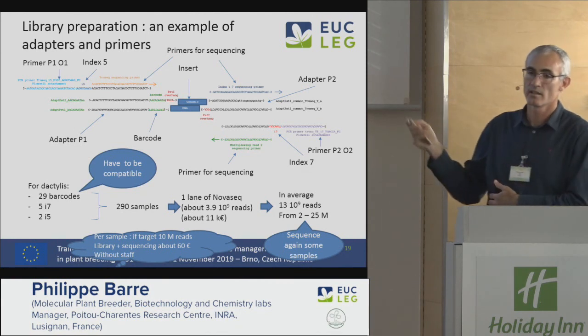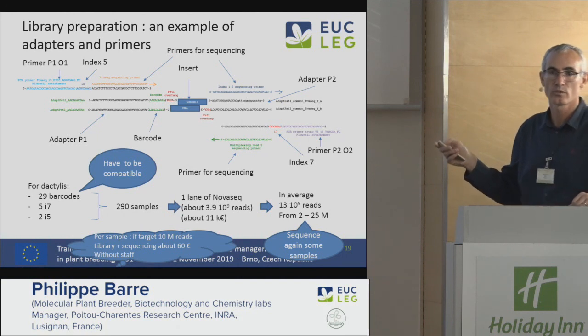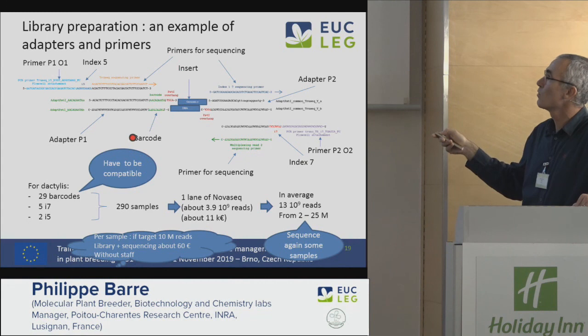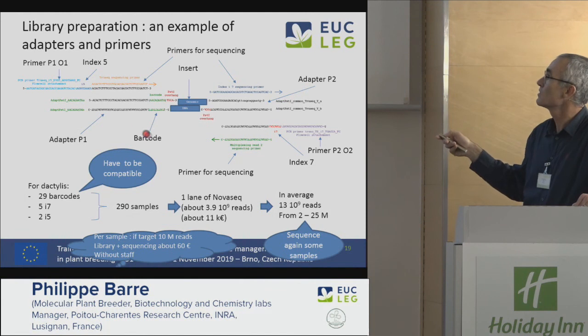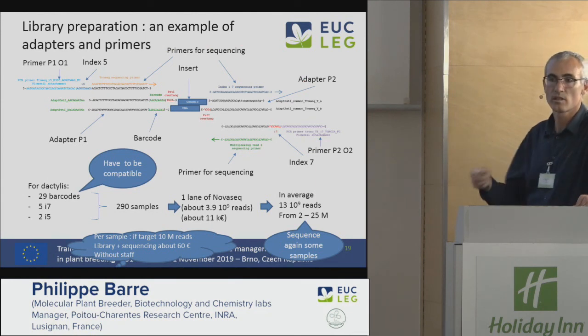And in this slide, you see something else that I didn't present yet. It's the fact that when you want to analyze a lot of samples at the same time, you won't have enough barcodes. So what you can do is use what they call an index, so index 5, or on the other side, index 7, and it's the same principle.